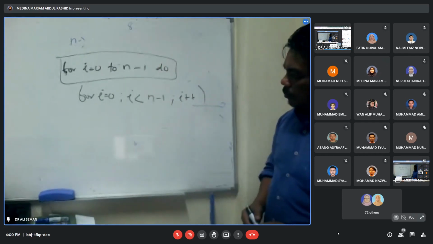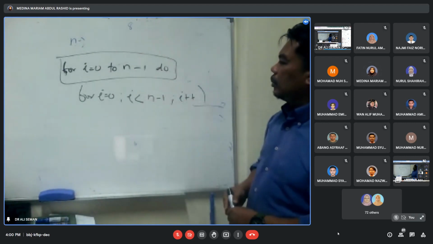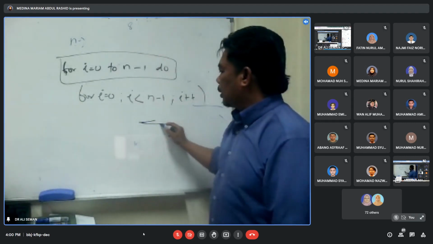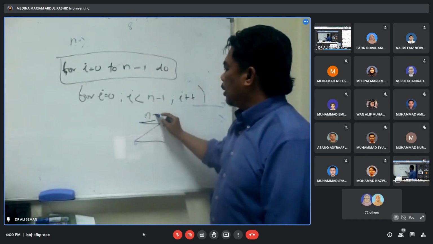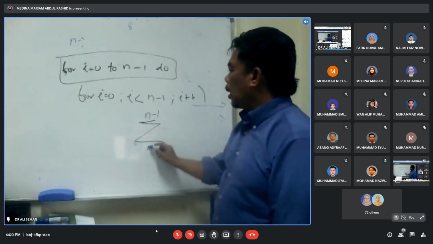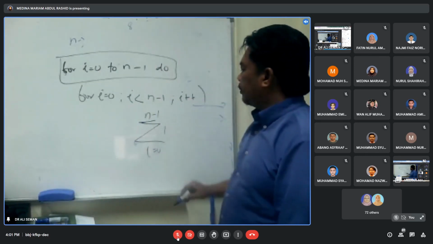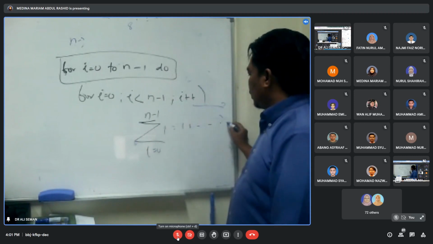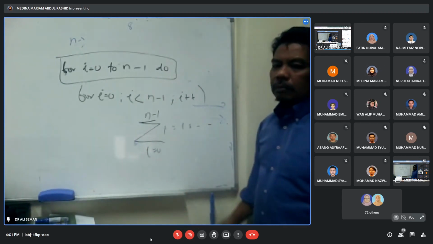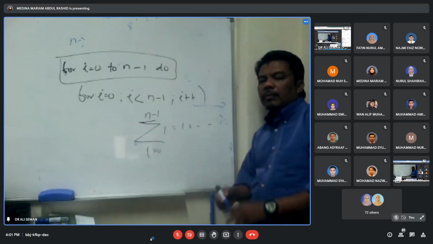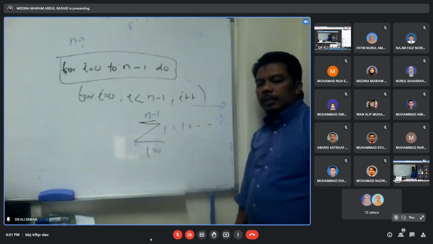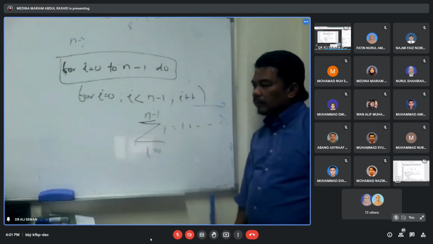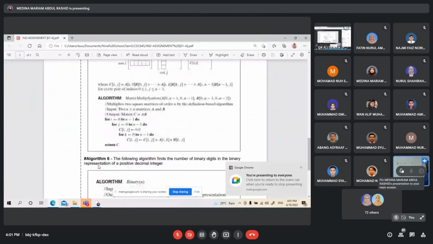So yang ini kita nampak lah sebenarnya ini kalau you buat summation adalah N minus 1. Yang ini I equal to 0 increase by 1. So this pattern 1 plus 1 until the N. Dia nampak dah. Dah nak menjawab soalan tu? Boleh? Clear? Ada lagi yang lain?